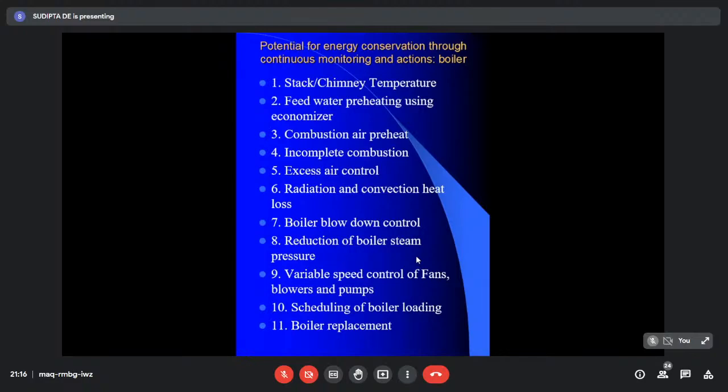If you need more output from a fan, blower or pump, then obviously the speed will be higher. But if demand is less, then you have to reduce the operational speed of these devices.